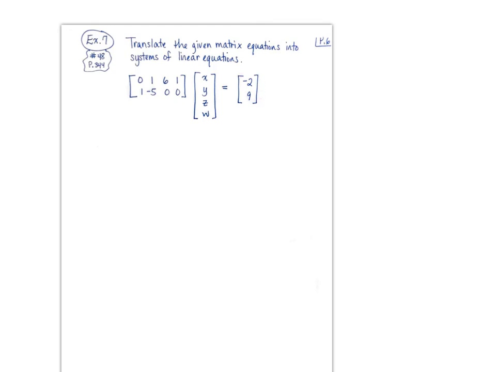So, first row, first column: 0 times x plus 1 times y plus 6 times z plus 1 times w. That gives us 0x plus 1y plus 6z plus 1w. Since they have the same size, the entries have to be the same, so that's equal to -2.